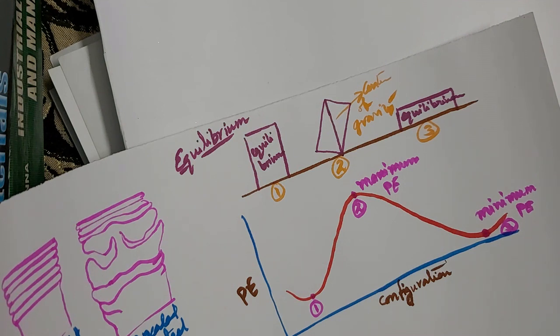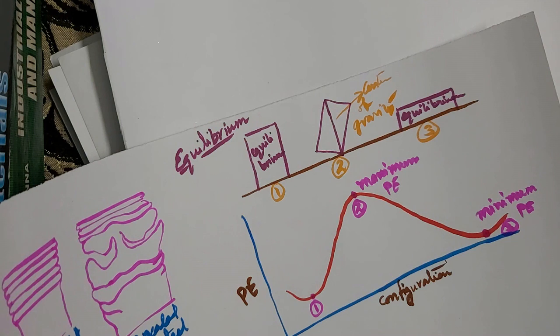So this is the graph for all these three configurations. Here you can see this is the configuration versus potential energy, and for the number two position, the amount of potential energy is maximum.